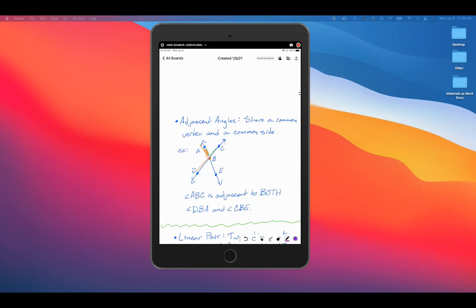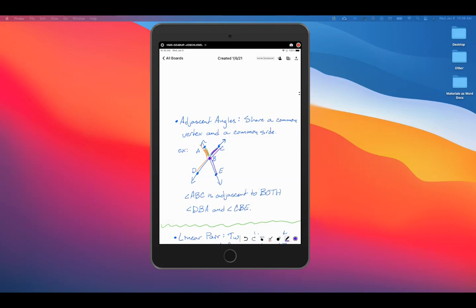ABC is also adjacent to angle CBE. We can see that ABC is adjacent to CBE because they share this common side and they share the vertex B. So an angle can be adjacent to more than one angle at a time. Because it has two sides, it can be adjacent to two different angles.